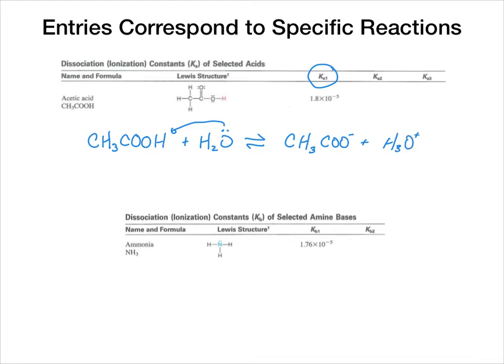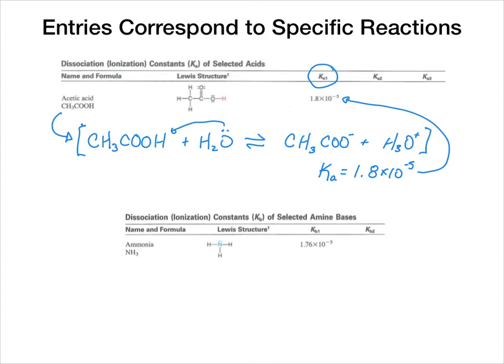This reaction is described by a Ka that is equal to 1.8 times 10 to the minus 5. And that is the Ka that we find in our table. So it's important to notice that the Ka in the table is trying to represent exactly this reaction, exactly acetic acid behaving as an acid.